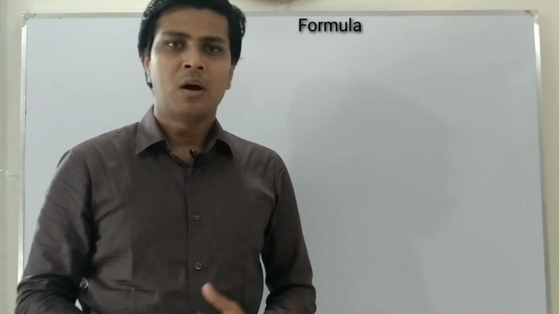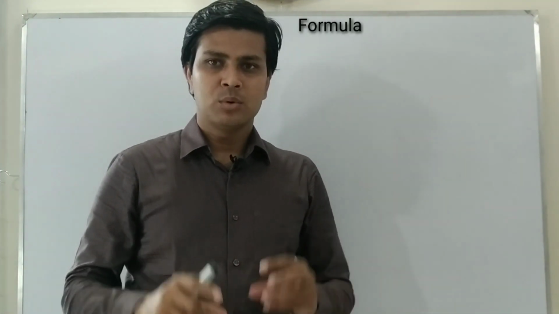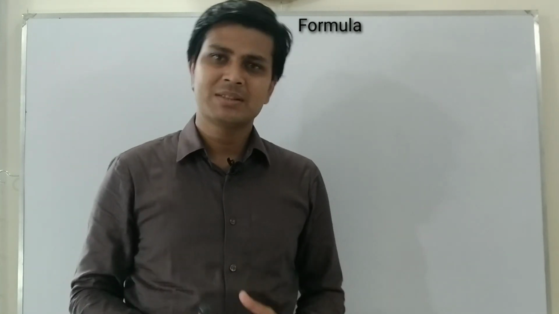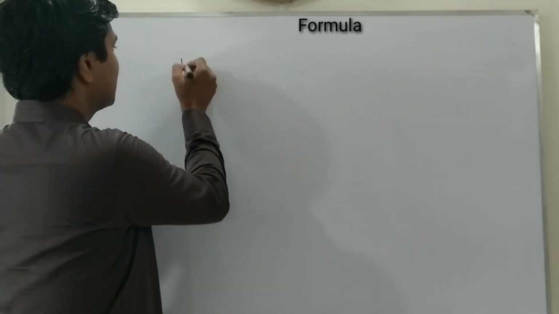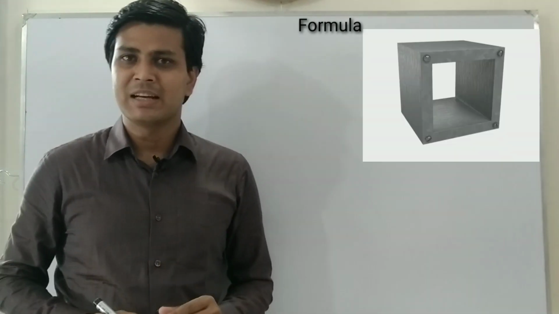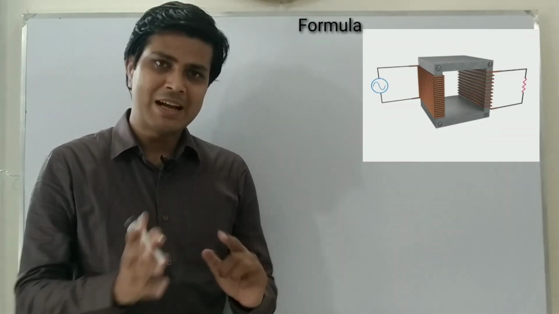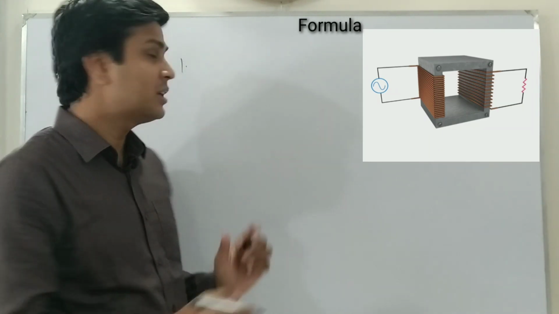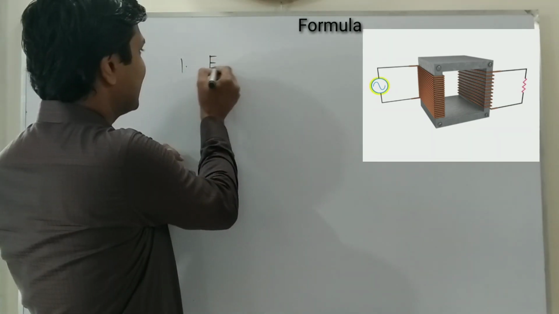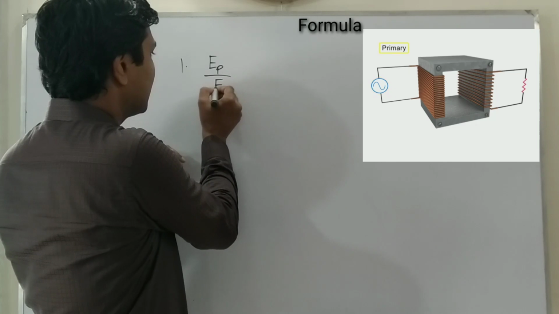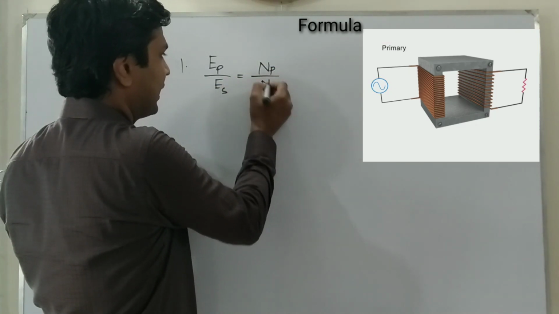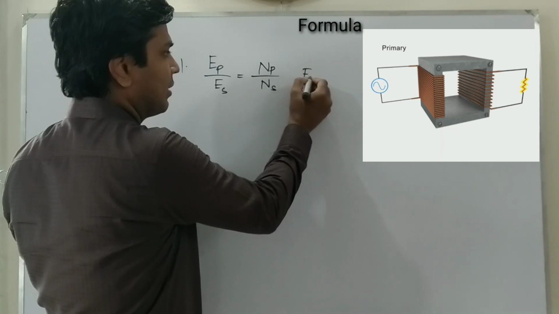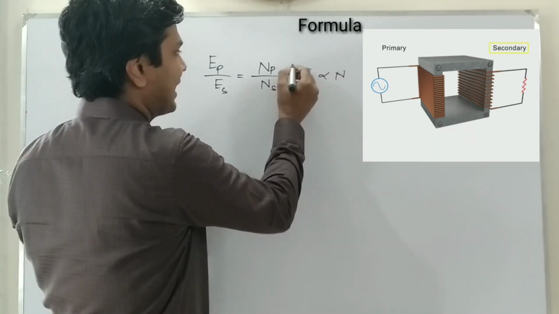Let us know all the formulas which are used in our today's creative. The first formula is the relation between the voltage and number of turns. The voltage and number of turns are proportional to each other, so we can write EP divided by ES equal to NP divided by NS, because voltage is proportional to number of turns.